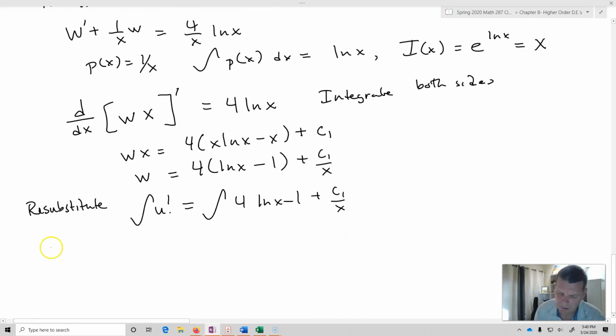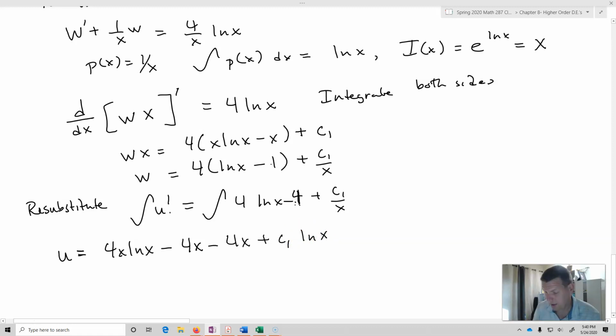And just to finish this up, that means then that u is going to equal 4x ln of x minus 4x minus 4x plus c1 ln of x plus c2.